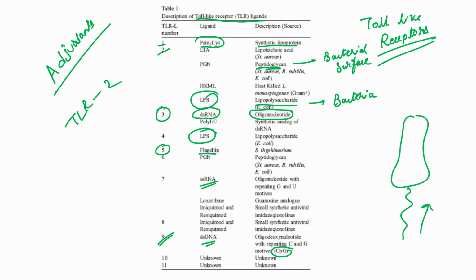The major job is to recognize if there is something foreign, something with a common pattern that is seen, right? Something like double stranded RNA or LPS, these are common patterns with any kind of virus or bacterial proteins. So, the body can immediately start to act on it while the adaptive immune response can then kick in later on.